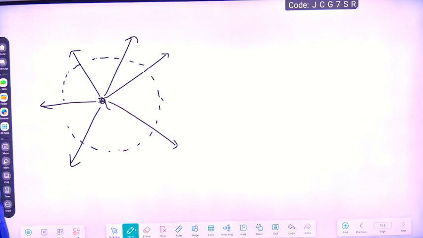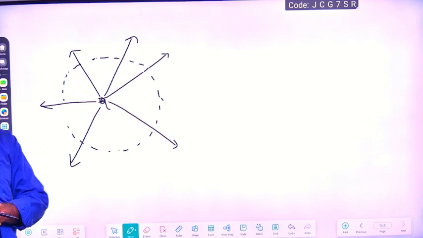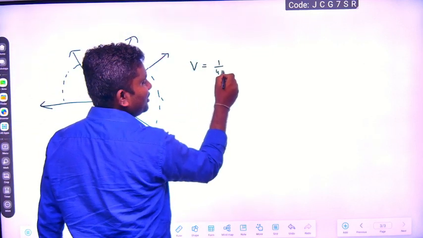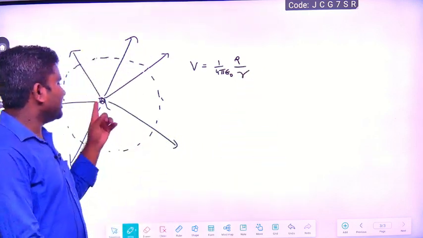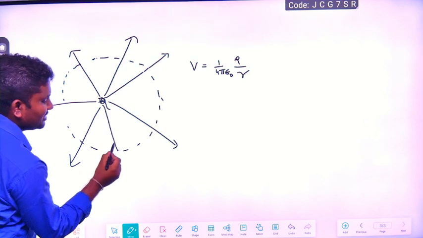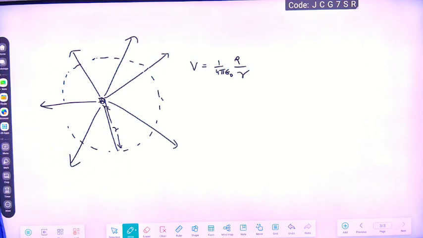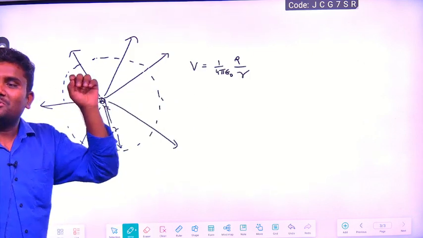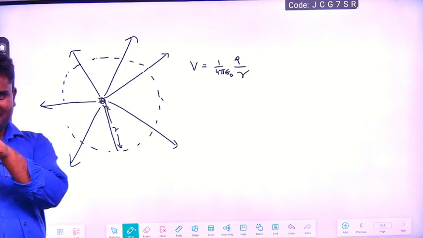That means the potential of each point is the same, because V is equal to 1 by 4 pi epsilon naught, Q divided by R. The distance of each point from Q is the same, this is R only. Correct? So it is the same at all points. This is one equipotential surface.